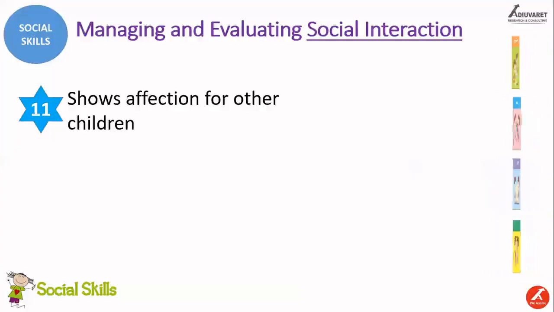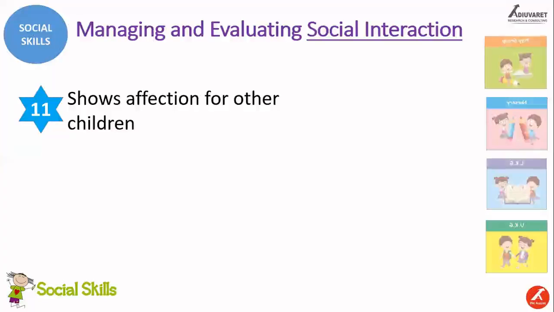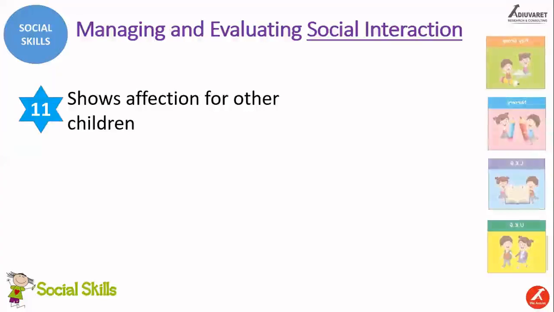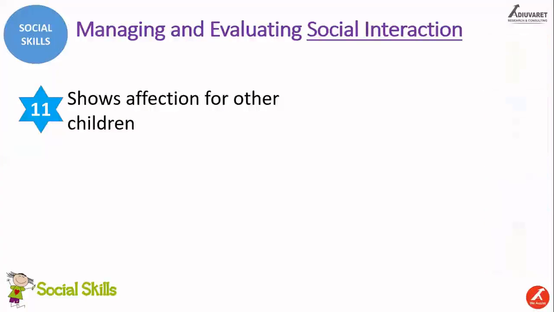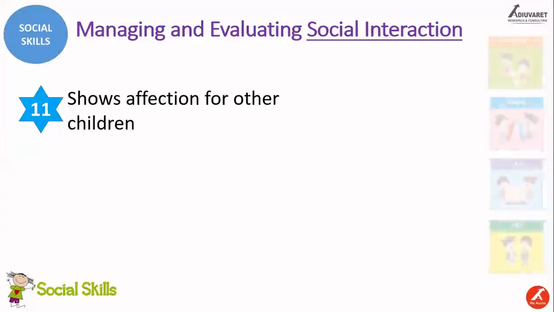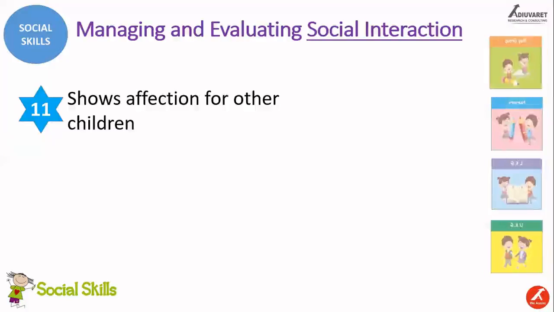That's a very, very important social interaction skill, and that's where the teacher's quality, intention and proactiveness to develop the skill come in. Those teachers are really great teachers who understand that and can inculcate such social interaction skill.